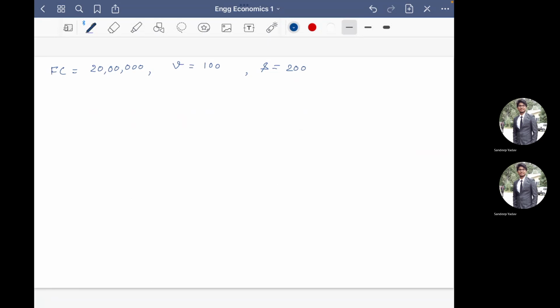Now, from the formula of break even quantity, that is Q, the formula that we have studied is FC upon S minus V. We can calculate 20 lakhs divided by 200 minus 100.